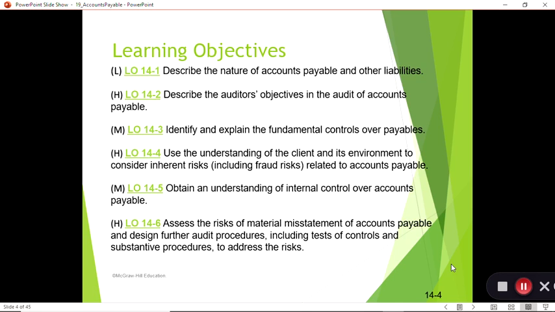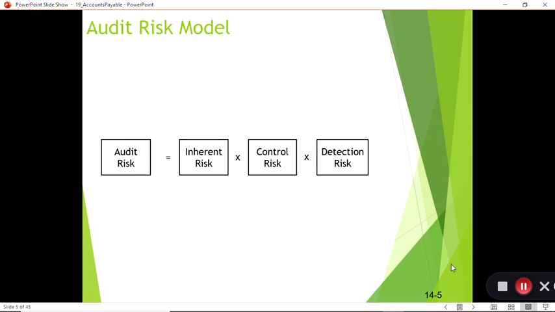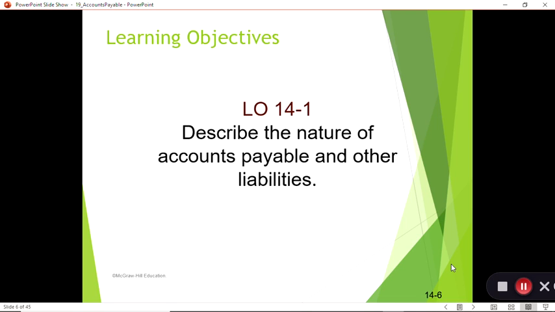The meat for us is understanding the audit objectives, basically the audit risk model, and looking at inherent risk and detection risk as the main portion, in terms of the high priority. The medium priorities are around the controls and the control risk. So again, we're using this audit risk model as our framework for going through the chapter.